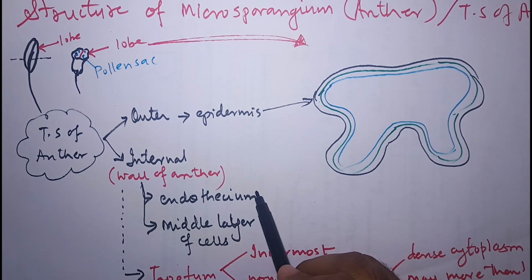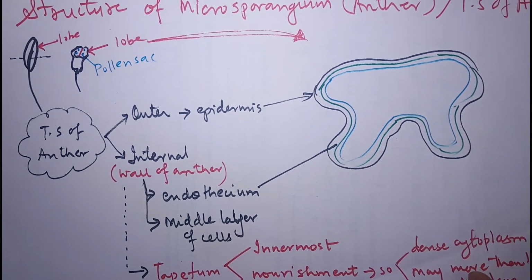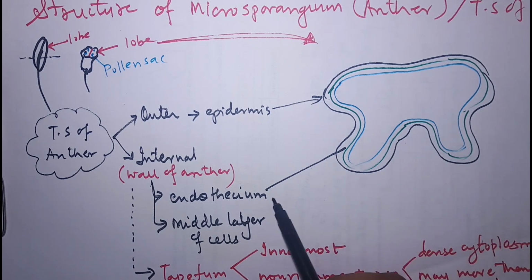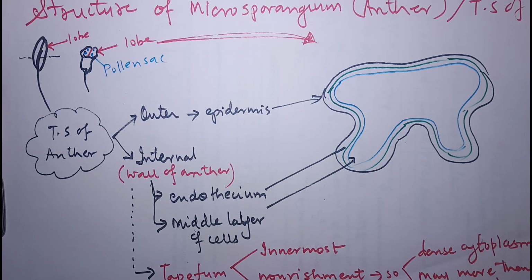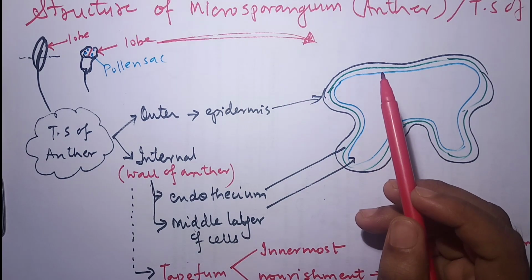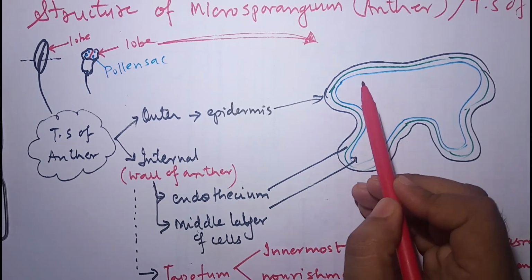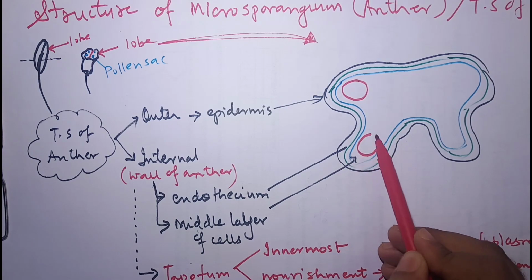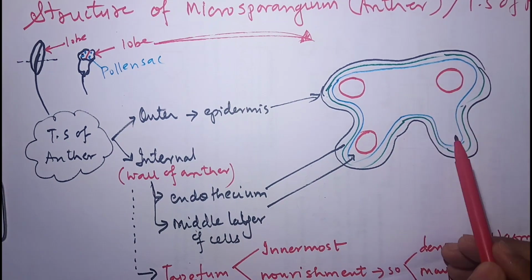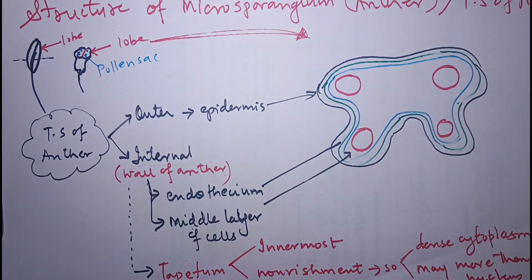Inner to that we have endothecium, and after that we have multiple layers. Immediately after this middle layer there is the presence of pollen sac. These are called pollen sacs, right?